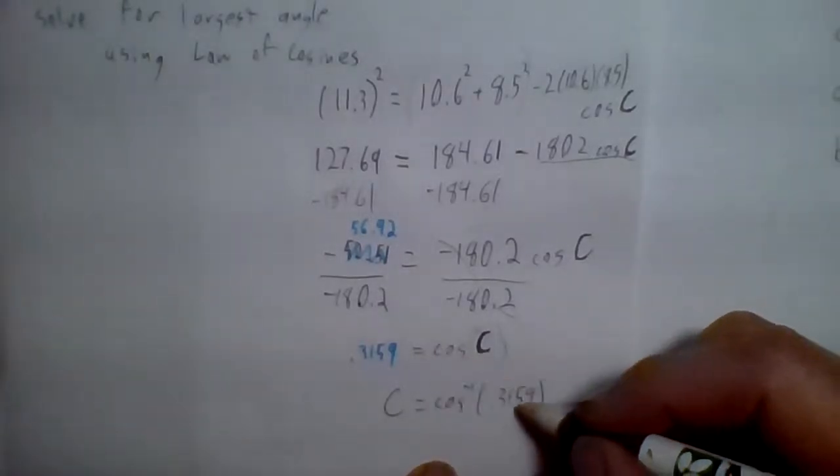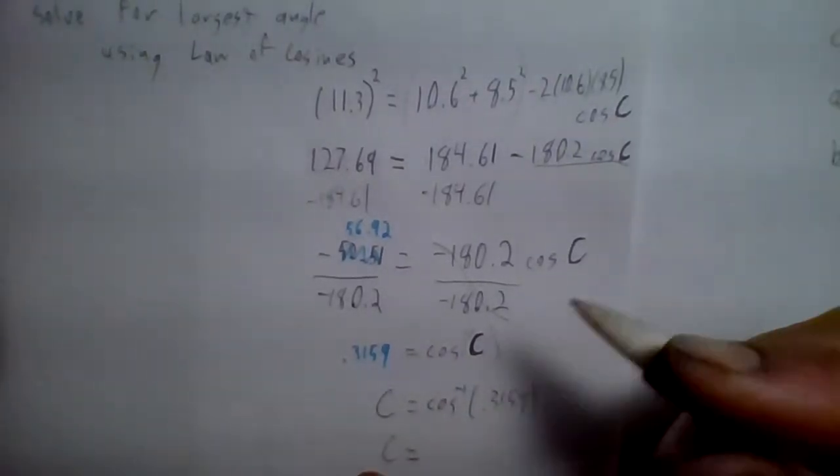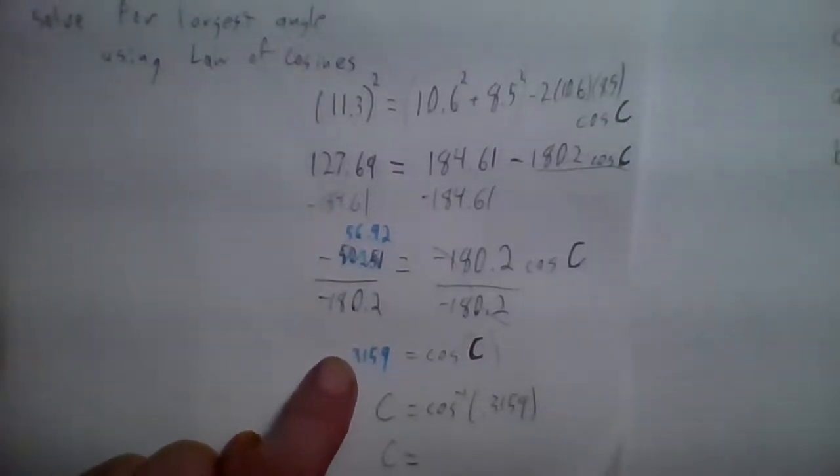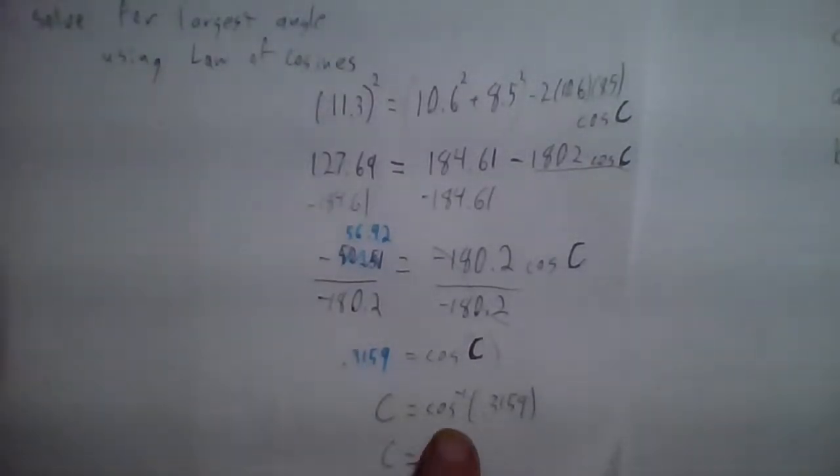Since that did come out positive, this is going to be a first quadrant answer. And that's okay. That'll take care of all of this. If you ended up with a negative here, which could happen, then inverse cosine is going to know it's a second quadrant angle. Either way, you can trust what you actually get from the calculator on problems like this.